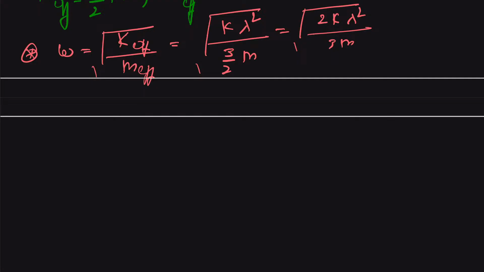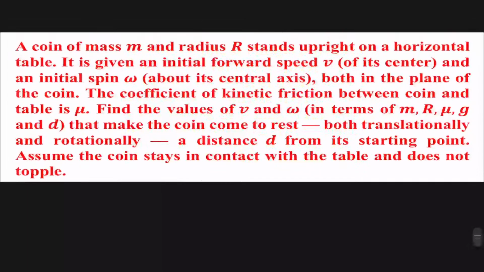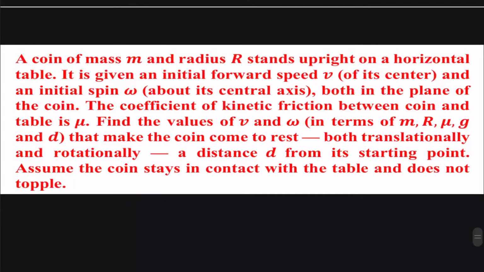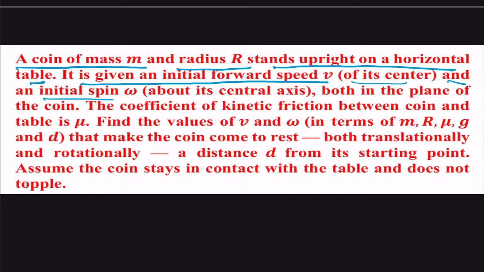So we have our next question, and it states that a coin of mass m and radius r stands upright on a horizontal table. It is given an initial forward speed v of its center and initial spin omega about its central axis, both in the plane of the coin.